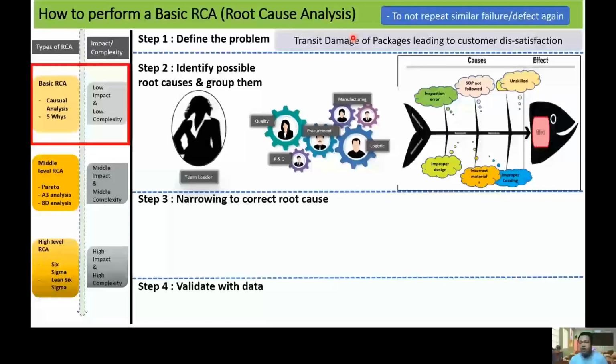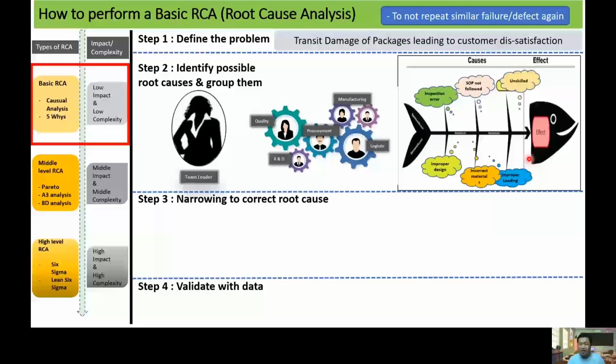This grouping can be done with the help of a cause and effect diagram, or as we call it, a fishbone diagram. This exercise is very important to make sure that all the possible root causes in all the categories are well identified, and that similar kinds of root causes are removed from the discussion with the help of the fishbone diagram.